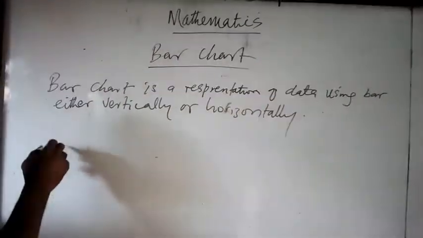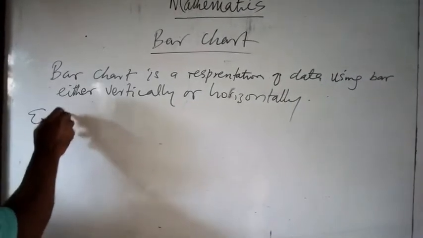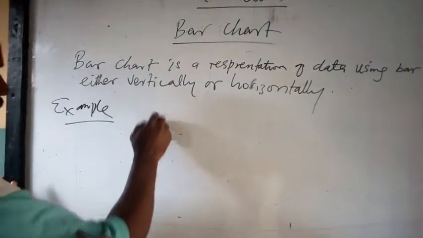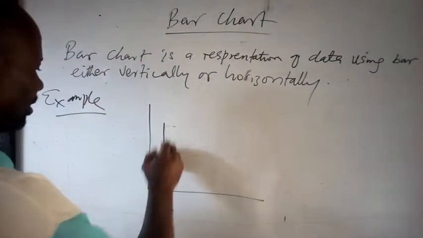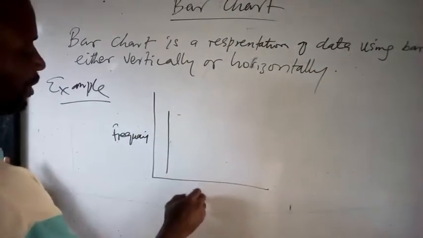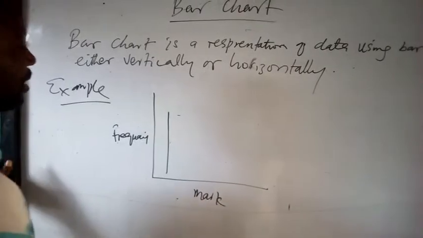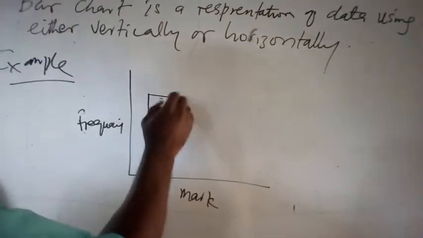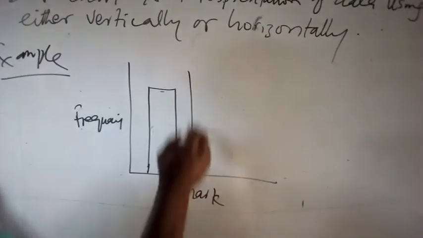Now you can see bar. For example, you may see bar like this. This is your frequency, maybe this is your mark. So your bar, this is vertical.